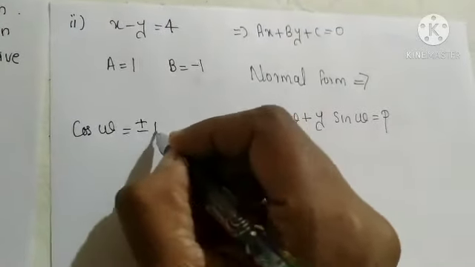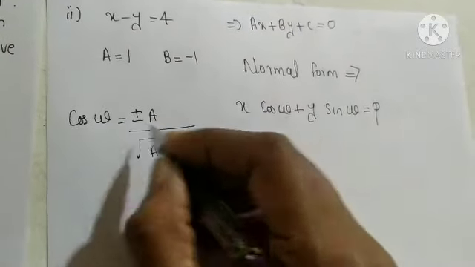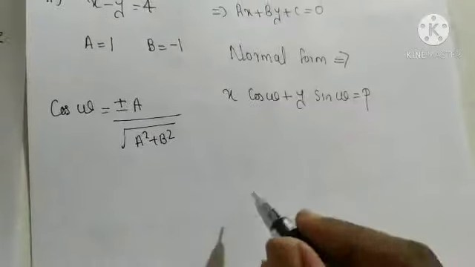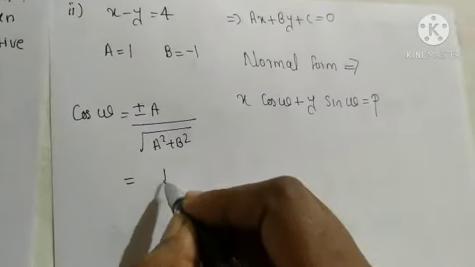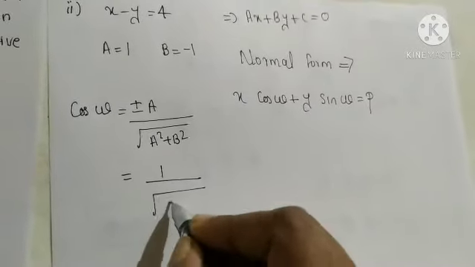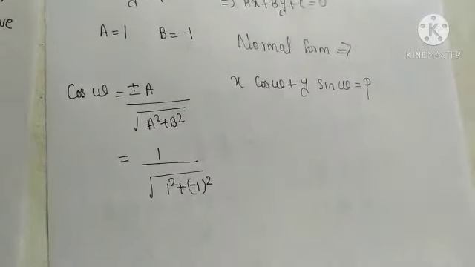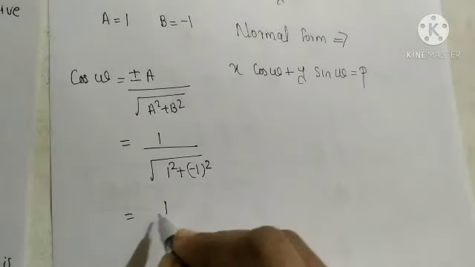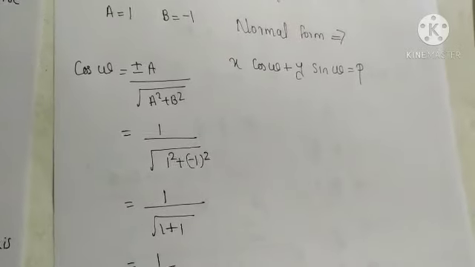Here plus or minus a divided by root of a square plus b square gives us the value of cos omega, and I'm going to substitute the value of a, that is 1, divided by root of 1 square plus b, the value of b is minus 1, square, so it will become 1 divided by root of 1 plus 1, that is equal to 1 by root 2.